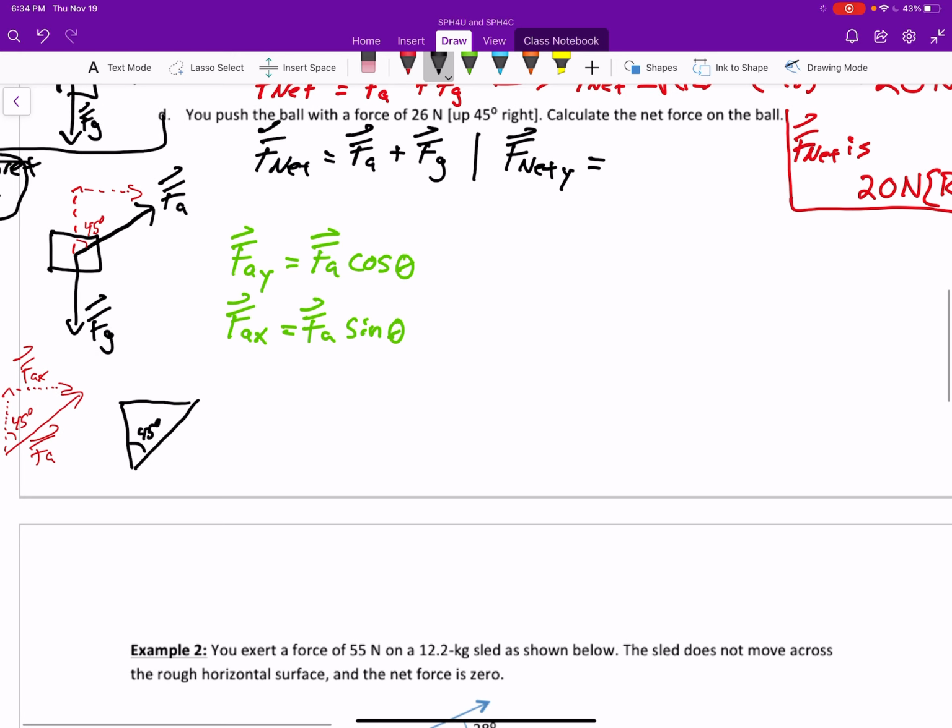So the F net in the y direction is now the sum of the applied force in the y direction, and we'll add that to the force of gravity, which is also in y. And then our net force in the x direction is simply the only thing that's pushing it in the x, that applied force. So the applied force is going up and to the right. So there's two components. So we can split our F net equation into these two. We can then find the components of our net force and then use the Pythagorean theorem to find the net force.